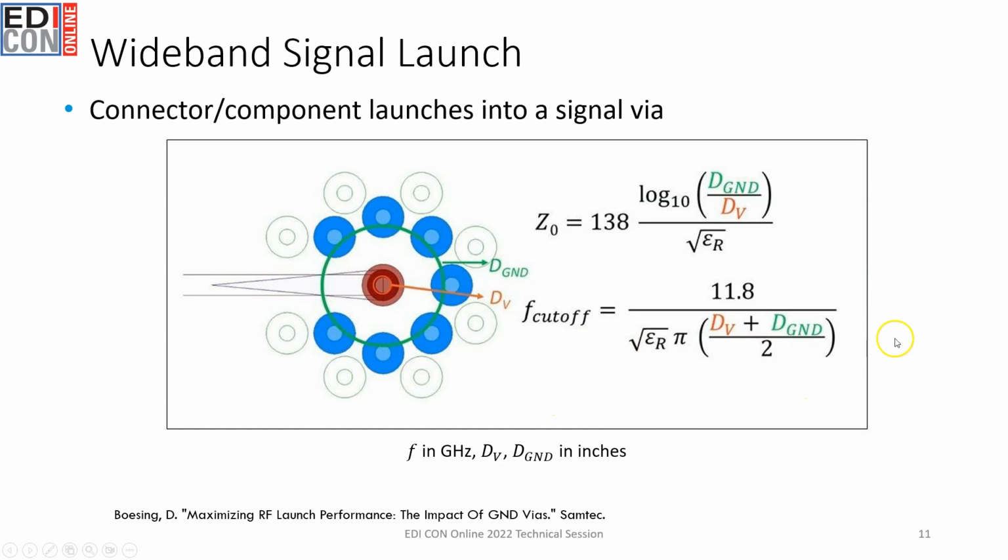These equations are telling you the impedance and cutoff frequency pair for a given set of diameters for the ground via arrangement here, and then the diameter of this signal via to which the connector or the component will be attached.